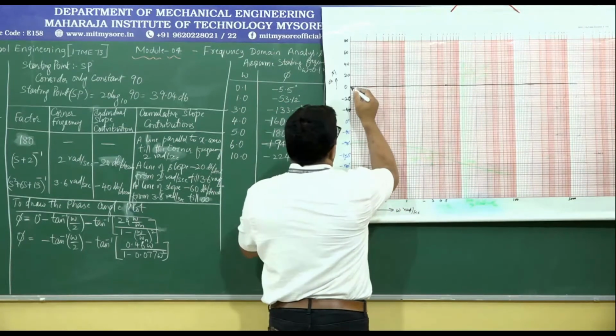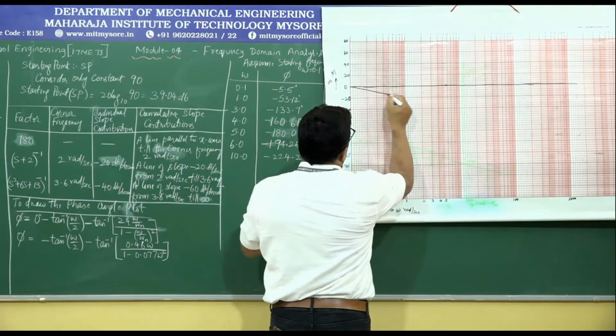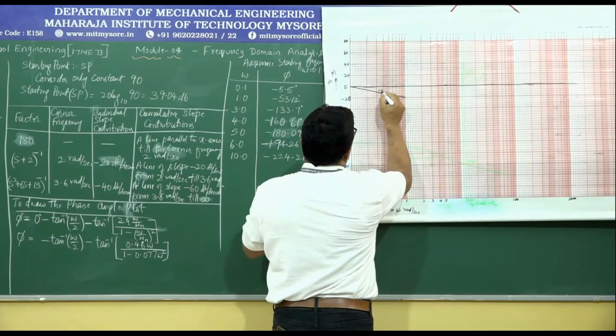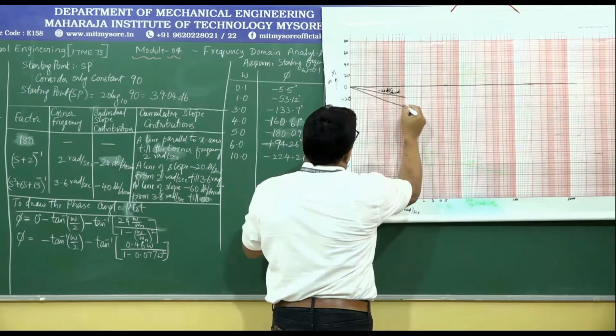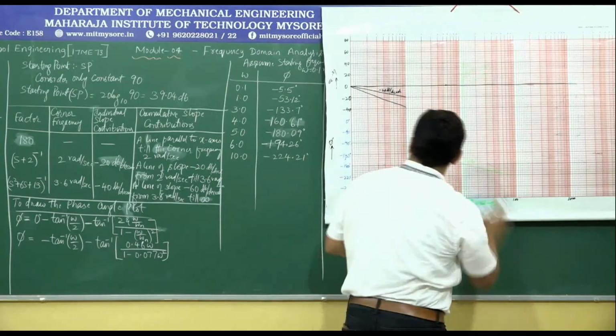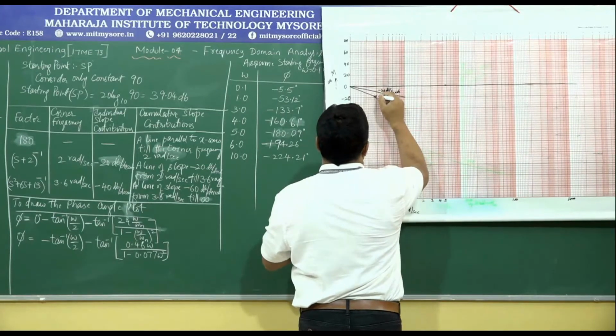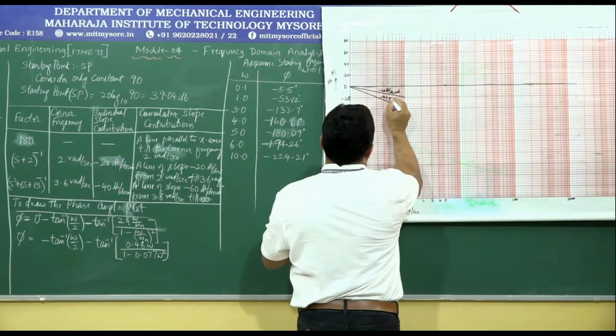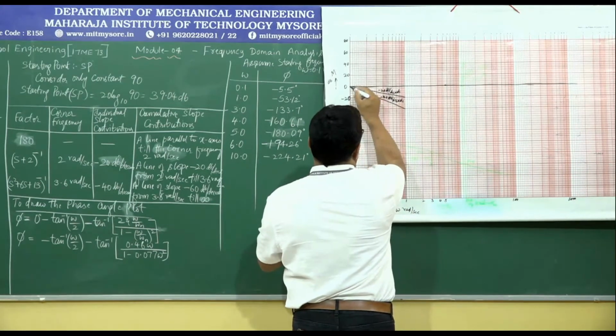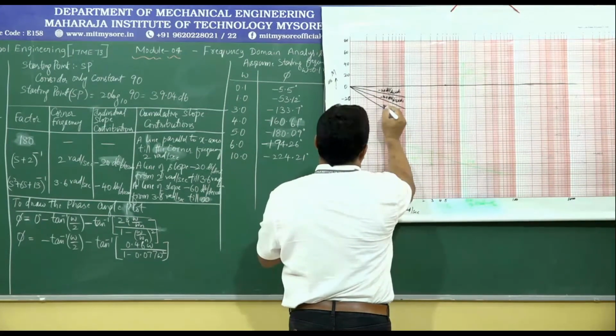Then let me just write the ready slopes of minus 20 decibels per decade, minus 40 decibels per decade, and minus 60 decibels per decade.